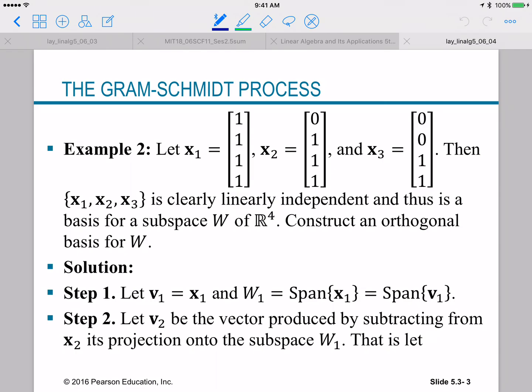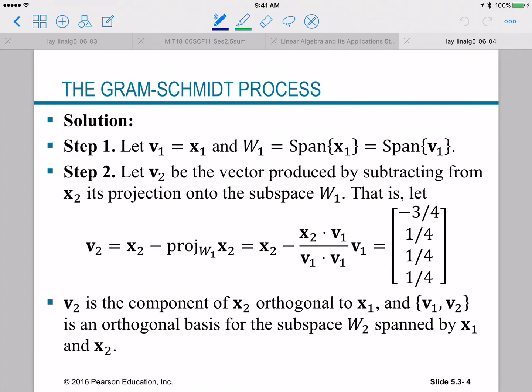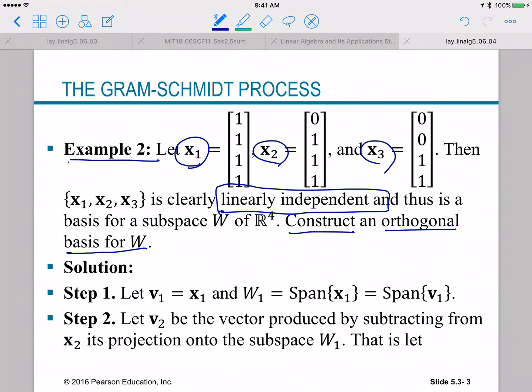So yes, let me go through this example. So we have x1 and x2 and x3, and they are linearly independent vectors, and we can easily check that. Then the question is to construct an orthogonal basis for W, and we obtain the first vector as this v1. Up to this point we only think about the orthogonal basis vector, but let's change it to an orthonormal basis vector.